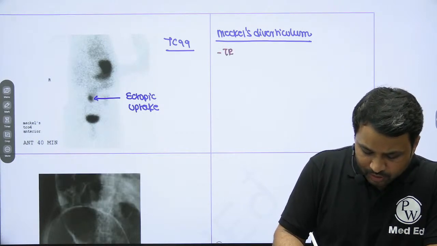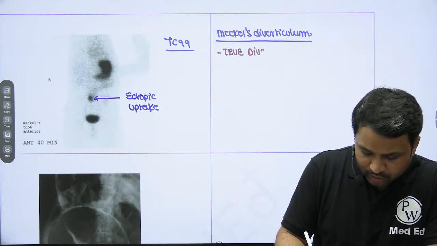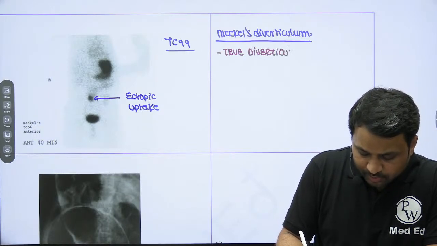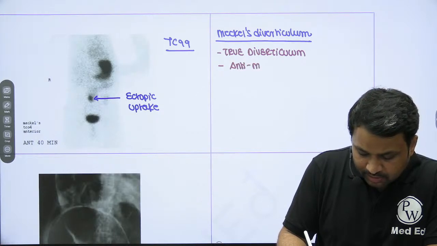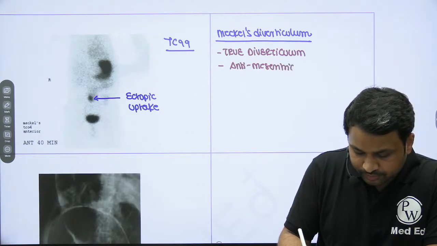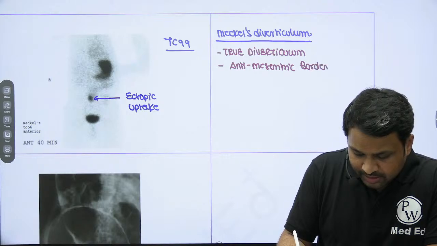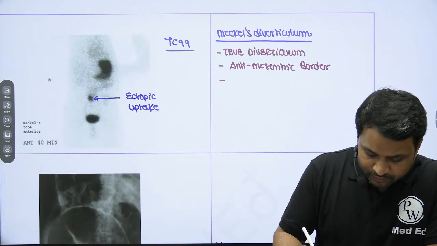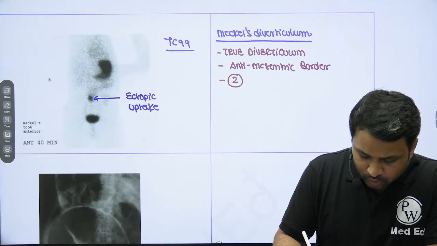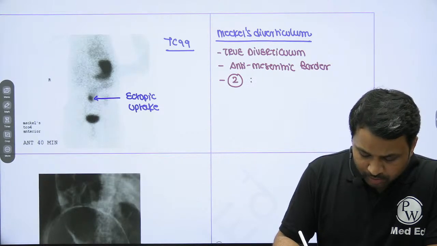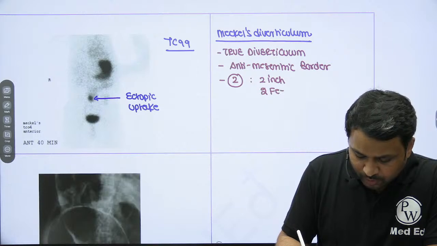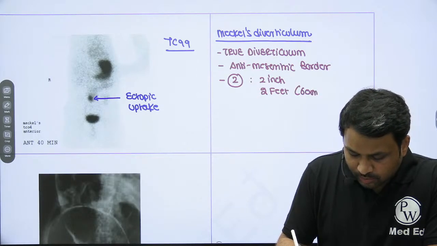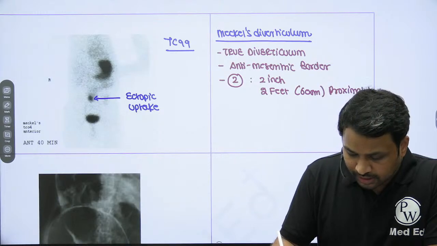It is an example of a true diverticulum. It is present on the anti-mesenteric border. It usually follows something called the rule of 2. So when you talk about it, it is going to be 2 inches in size. It is going to be 2 feet, which is approximately 60 centimeters, proximal to the ileocecal junction.